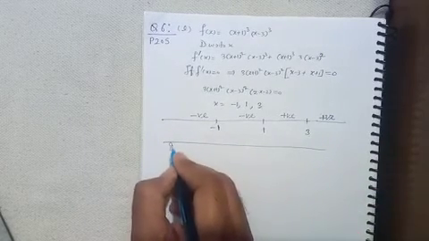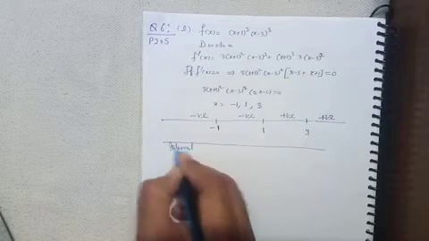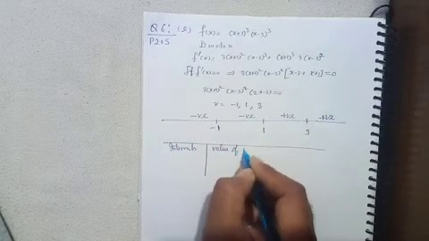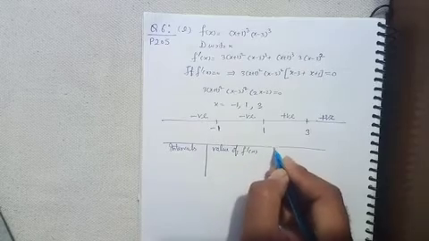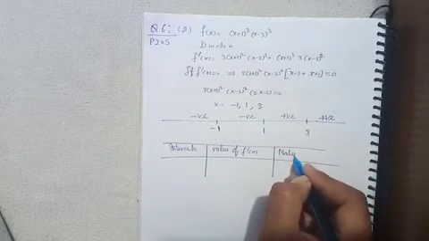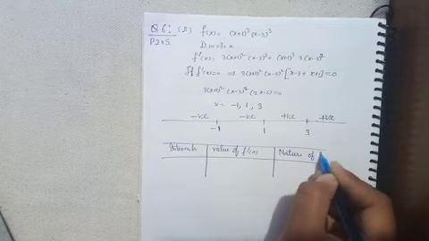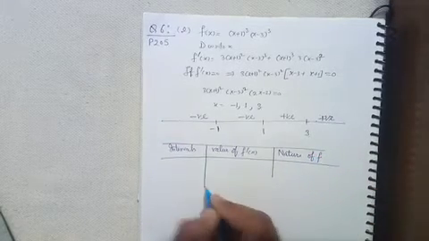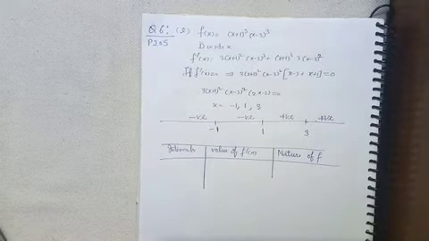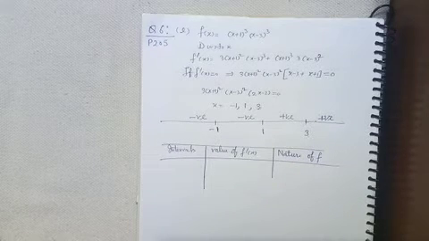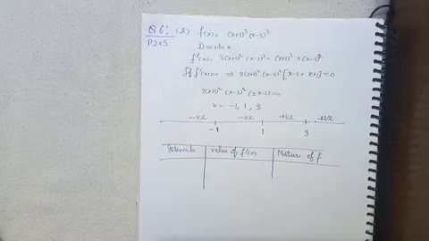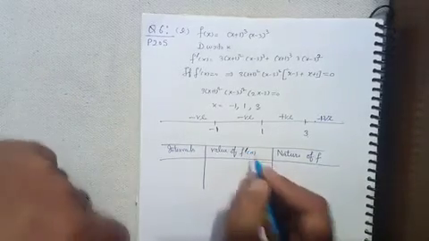First column is intervals, second is value of f dash x, and third is nature of the given function, nature of f. Now intervals are asked for where the function is strictly increasing or strictly decreasing, so we will take open intervals this time.